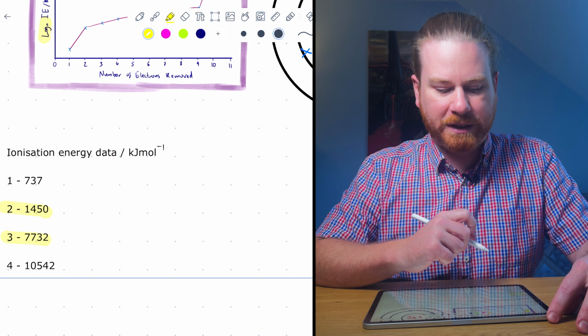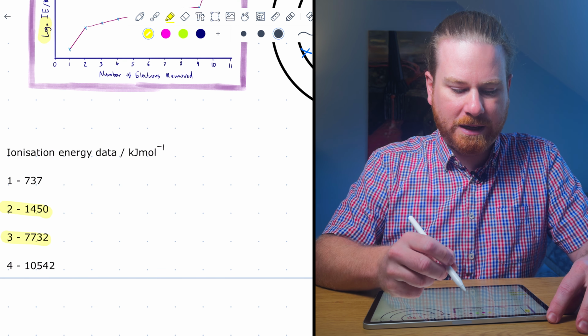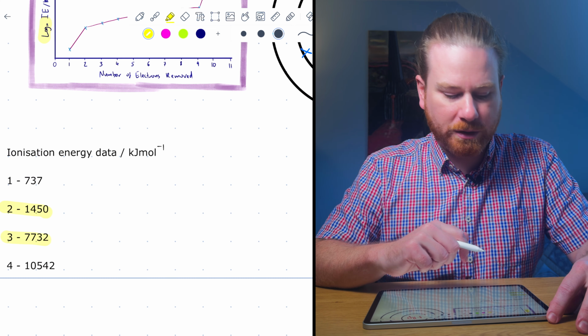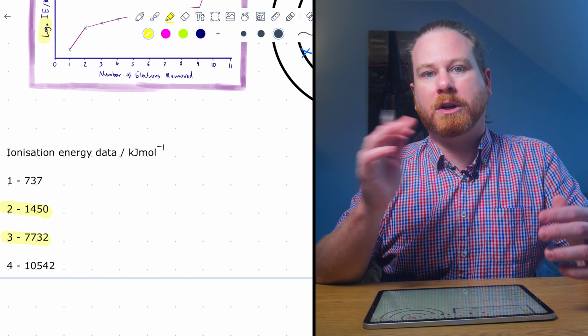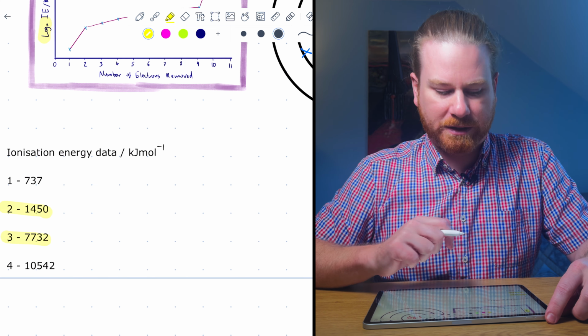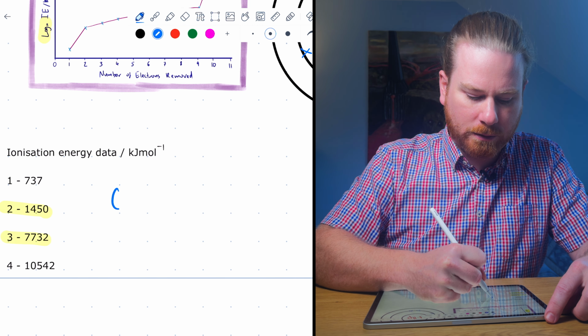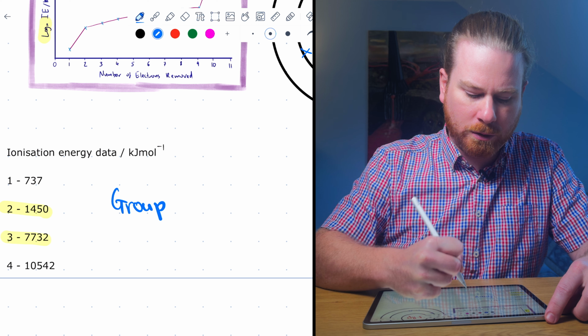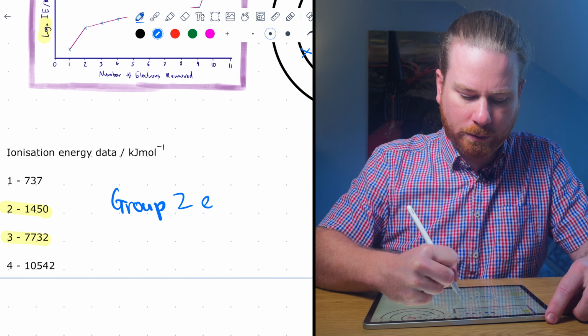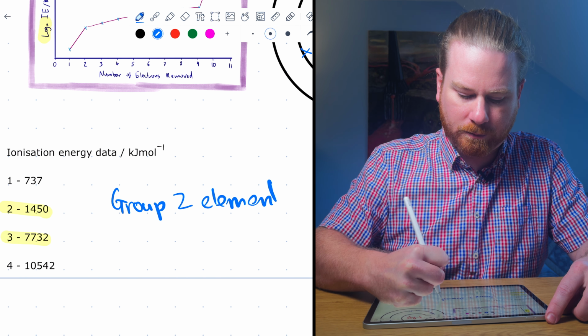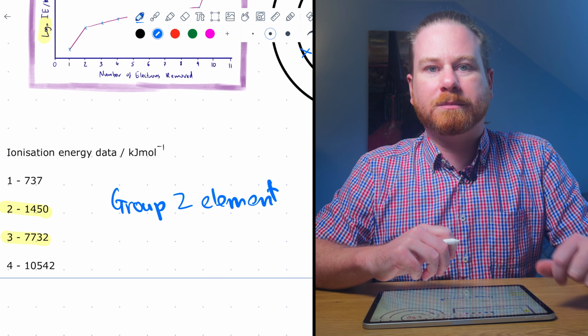Because that's the biggest gap, we must have 2 electrons in the outer shell before we go down to the next shell. So this would have to be a group 2 element. And that's all there is to it.